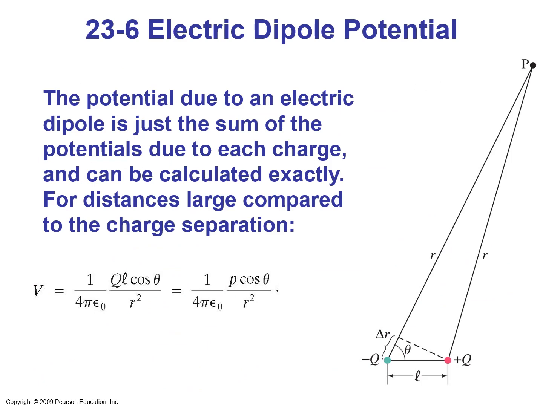Section 6. Electric dipole potential. The potential due to an electric dipole is just the sum of the potentials due to each charge and can be calculated exactly.